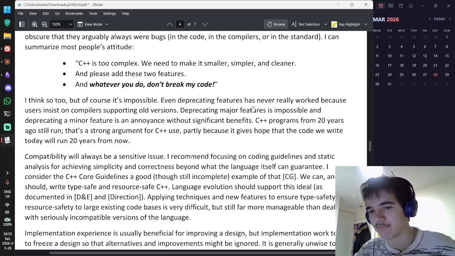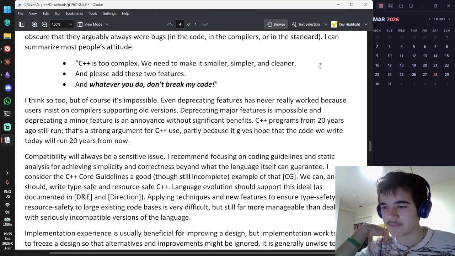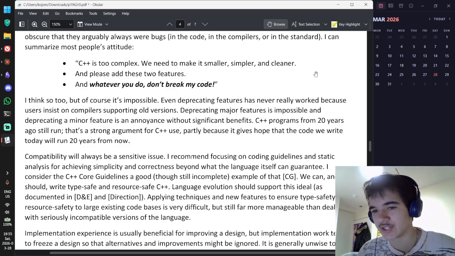Deprecating major features is impossible, and deprecating a minor feature is an annoyance without significant benefits. C++ programs from 20 years ago still run. That's a strong argument for C++ use, partly because it gives hope that the code we write today will run 20 years from now.